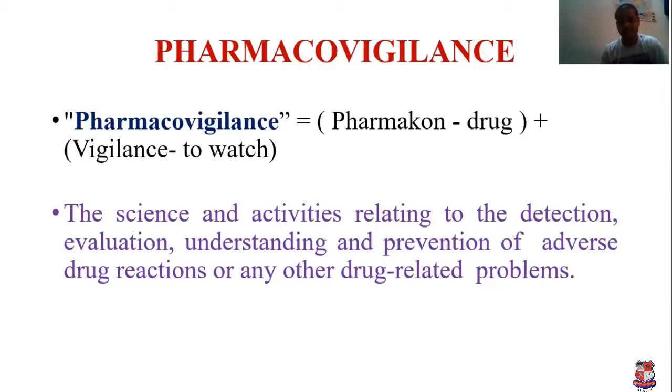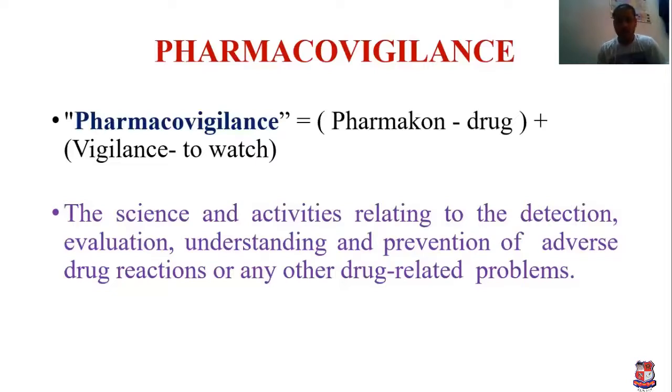Pharmacon means drug and vigilance means to watch. That means whenever we administer a drug, we have to watch the effect of the drug throughout our body, from administration to the excretion, in which manner the drug affects our body. It is known as pharmacovigilance.